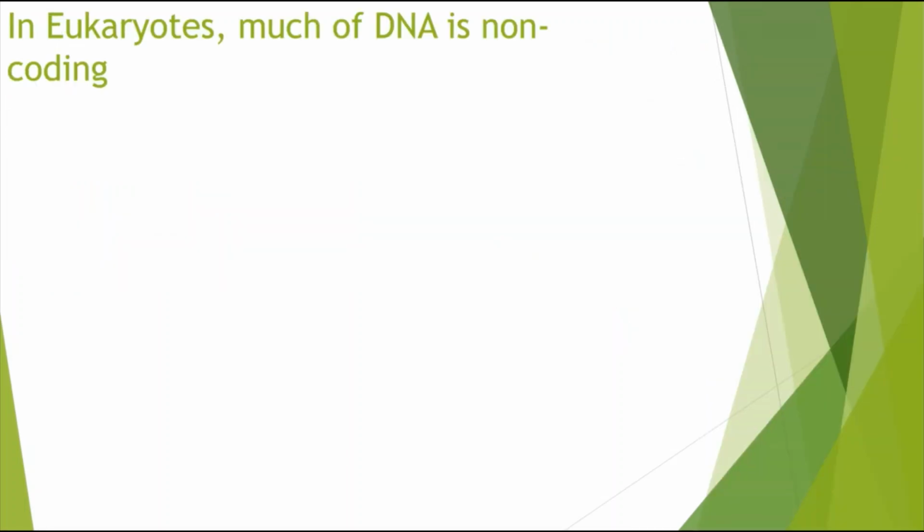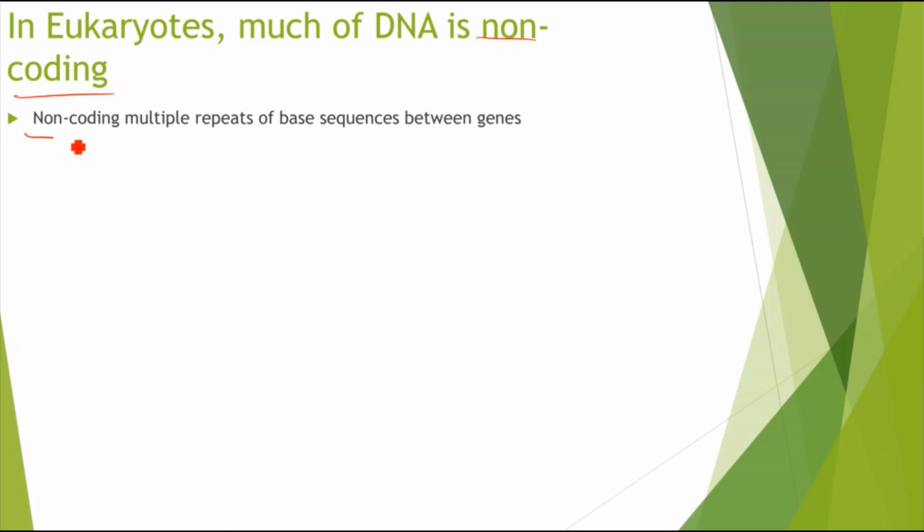You need to be aware of the fact that in eukaryotes, much of the DNA is non-coding. In eukaryotes, on average, 99% of the DNA is non-coding, and only 1% of the DNA actually codes for an amino acid. So we have the non-coding multiple repeats.